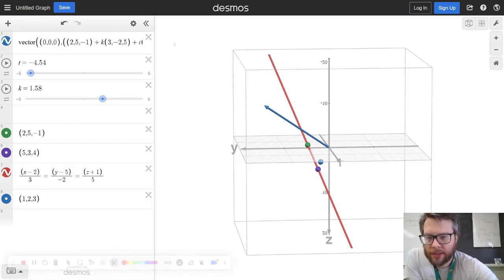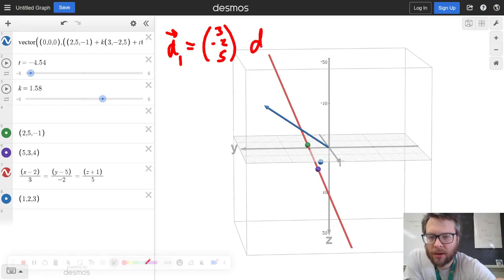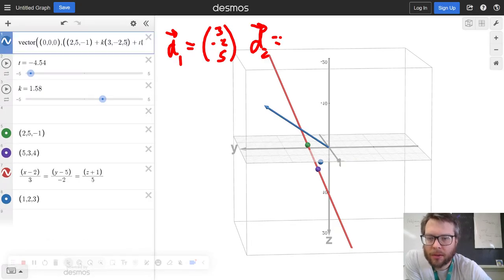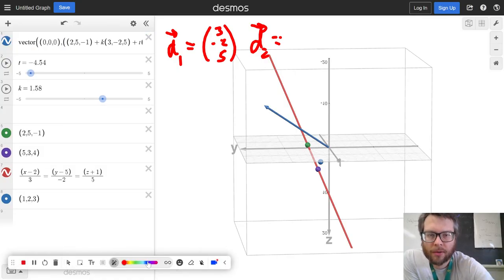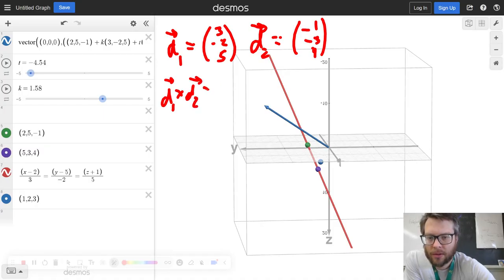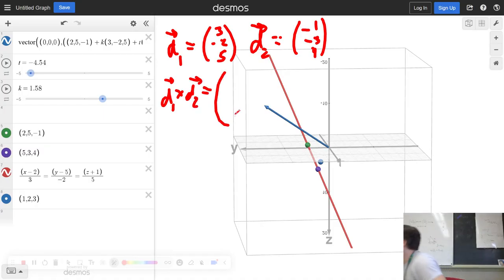So our first direction vector, d1, is 3, -2, 5. And our second direction vector is, let's see, up here on the top, -1, -3, and 4. So if I do the cross product, d1 cross d2, I'm going to get, I always just look at my formula.